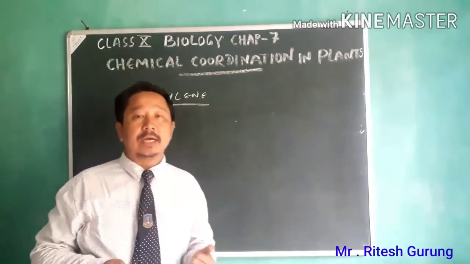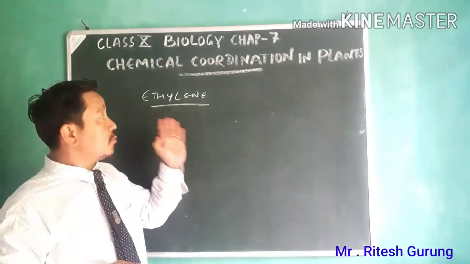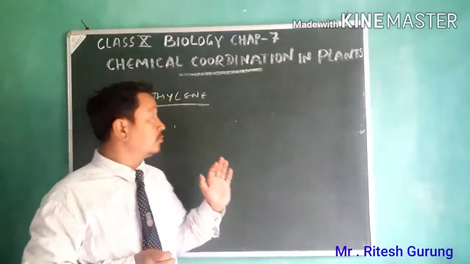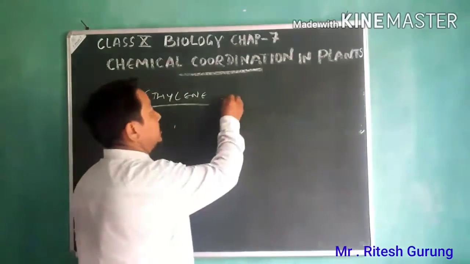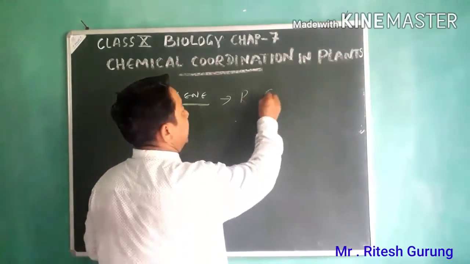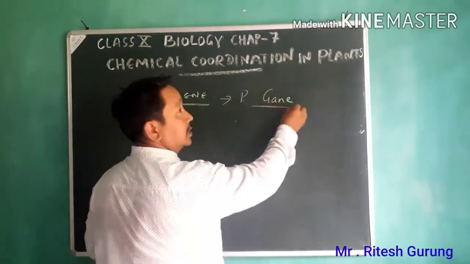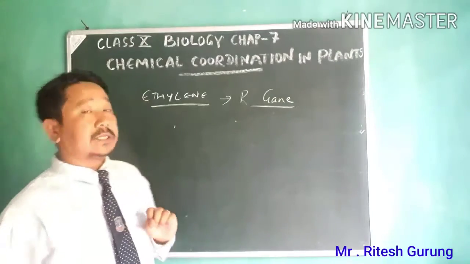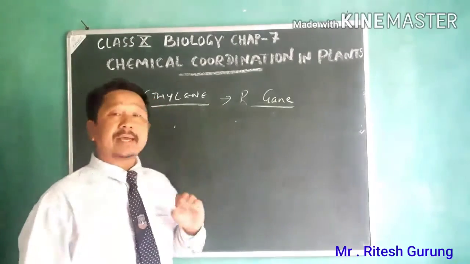These are the 2 different properties this particular hormone has. And this hormone was first discovered by the scientist called Arjen. Arjen was the person who first discovered this gaseous hormone called ethylene.